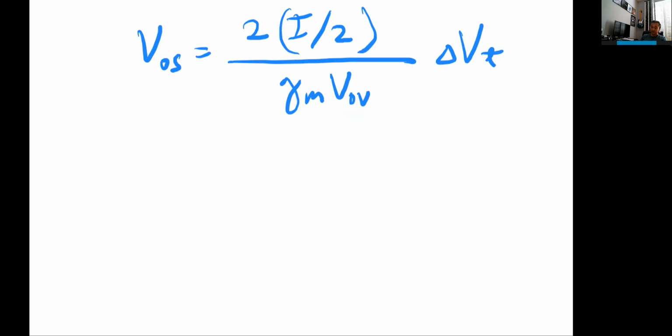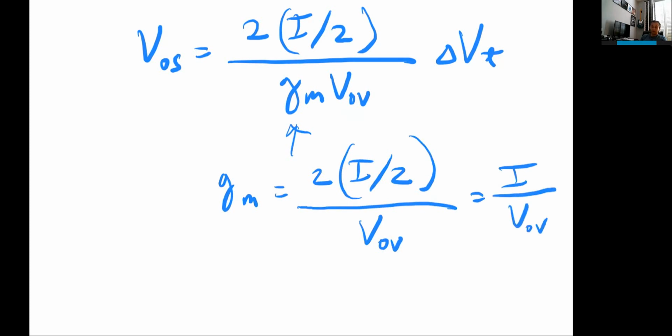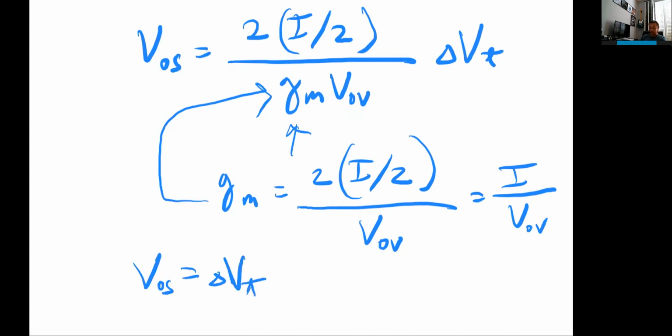So if we substitute the GM that we had before, okay? So the GM, again, I'm just going to write it again. And you put that in there, you get VOS equal to just the difference in threshold voltage.